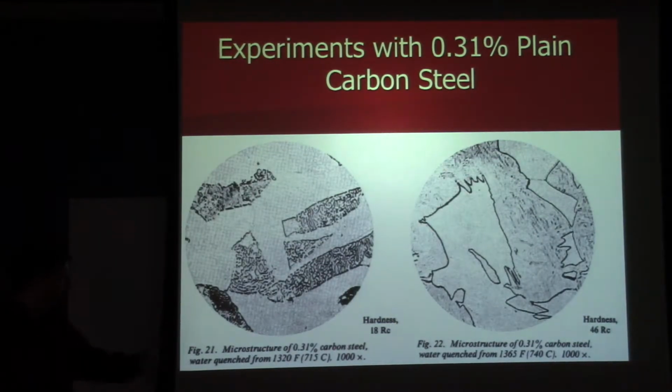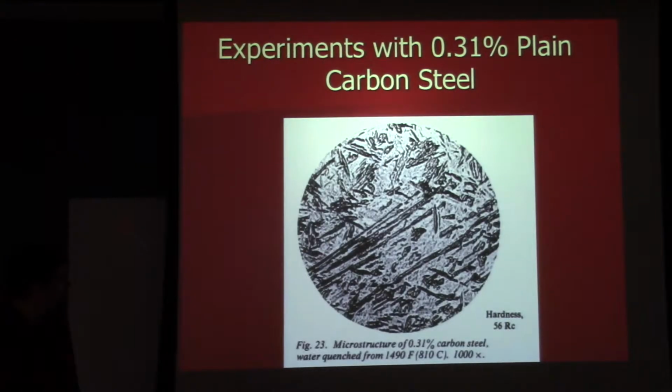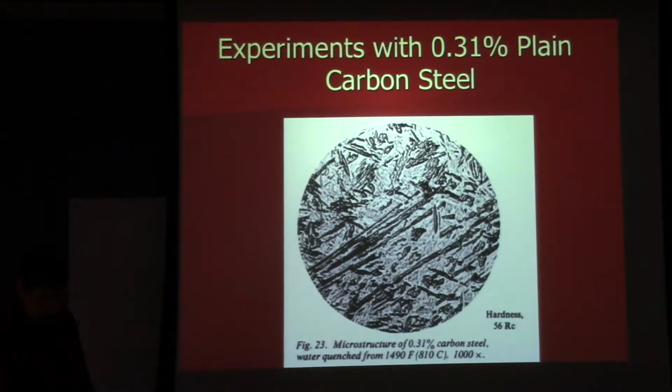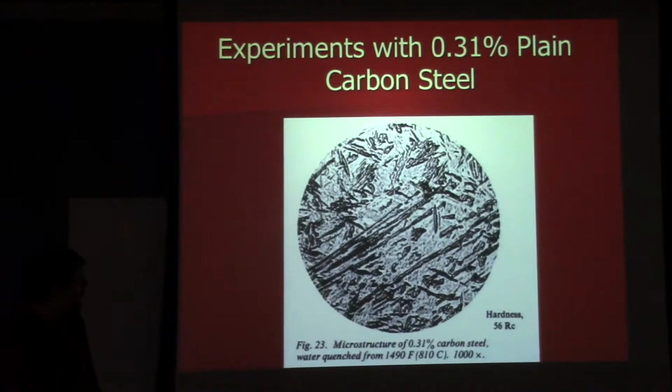And again, he goes through the heating cycle. We can see, again, really very different structures depending on what he did. And hardness continuing to increase. Here we're up to a 56. And so that's that one.